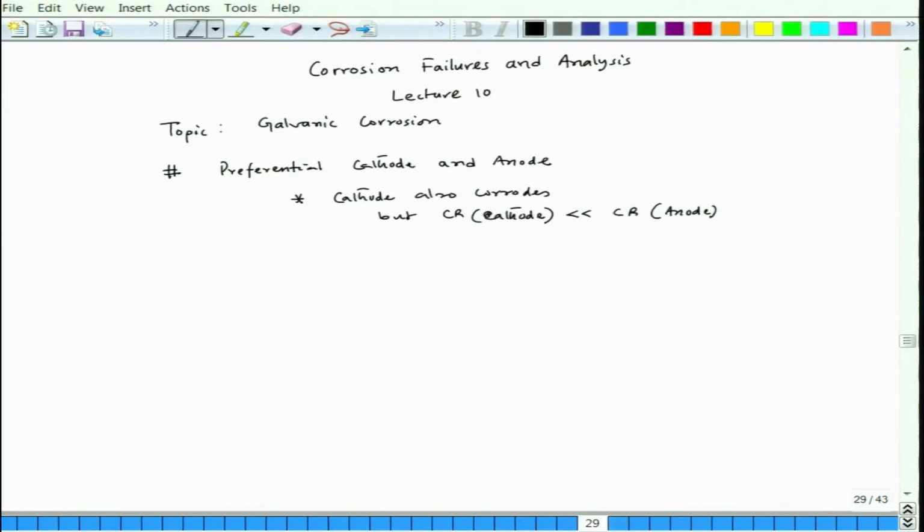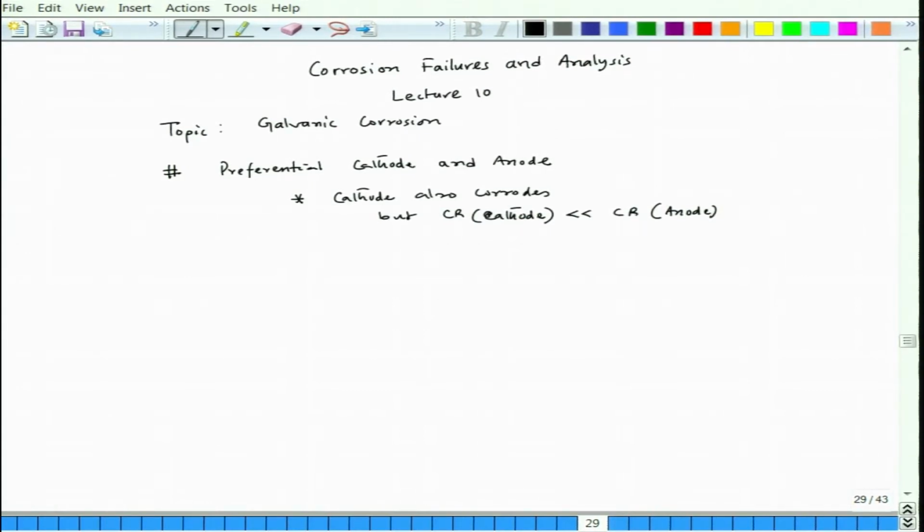If the current flows from metal 1 to metal 2 in that metallic conductor, definitely metal 1 will sit on top of metal 2 in the galvanic series, and metal 1 would act as cathode and metal 2 would act as anode.